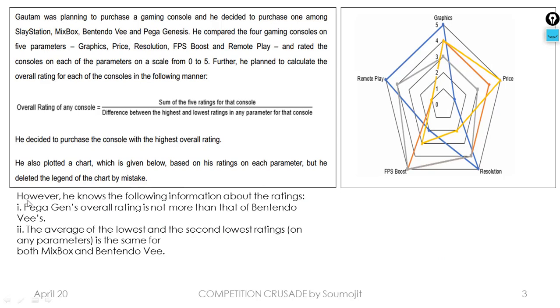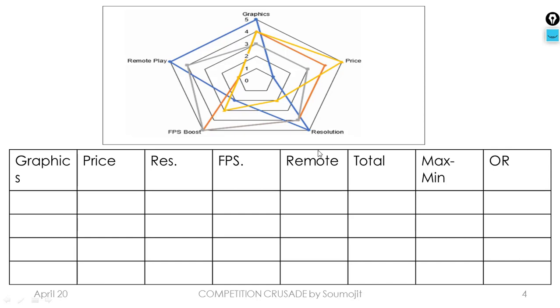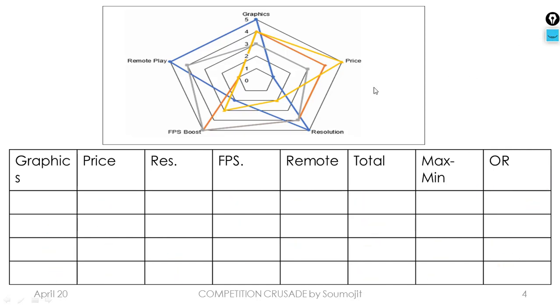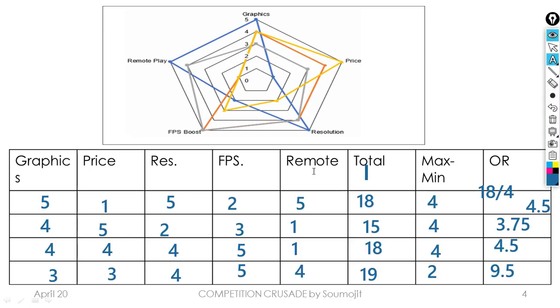Here you see, however, he knows the following information given. Pegagen overall rating is not more than the Nintendo Wii's. The average of the lowest and the second lowest rating on any parameter is the same for both Mixbox and Nintendo Wii. So basically what they are asking us to do over here is, I have written it down. Just a second.